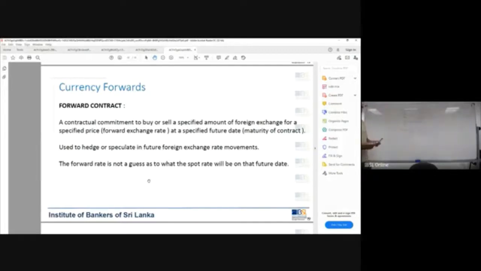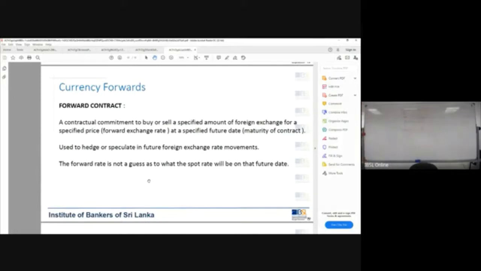Now, what interest rate parity says is, what this theory says is the forward rate should be based on the two amounts that you get on that particular date.